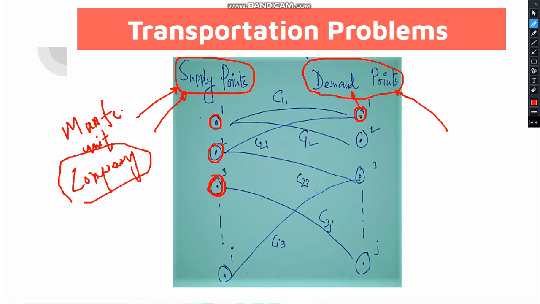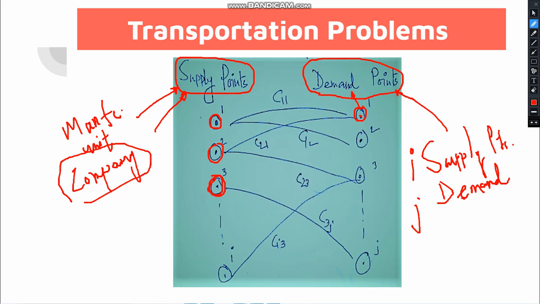Let us consider there are I supply points, and there are J demand points.